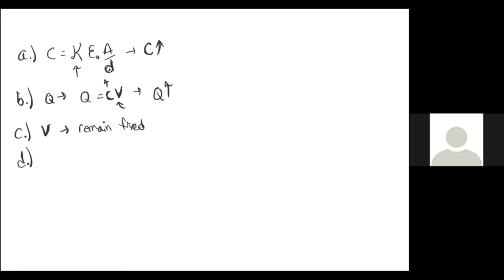Okay, and then D, how does the energy stored in the capacitor change? Well, the energy stored in the capacitor is equal to 1/2 CV squared. It's equal to 1/2 QV.